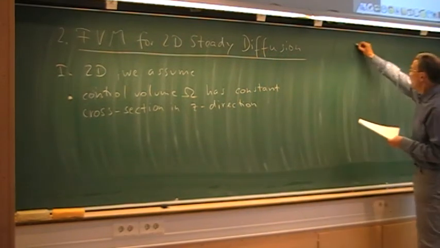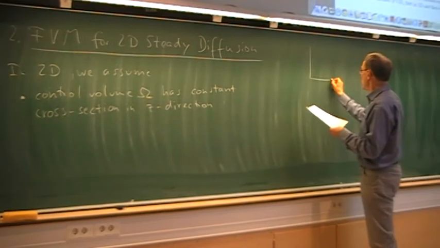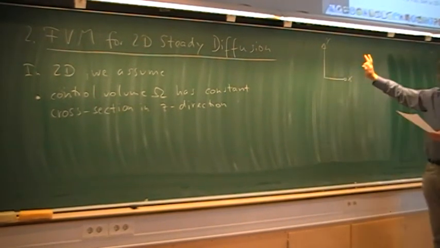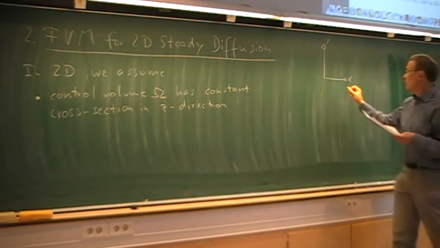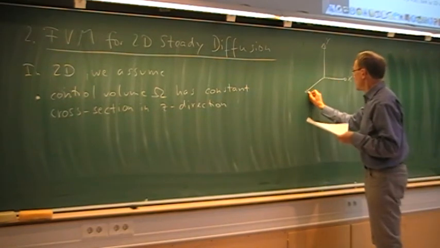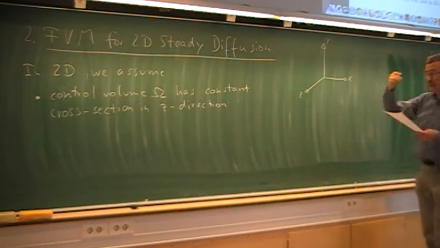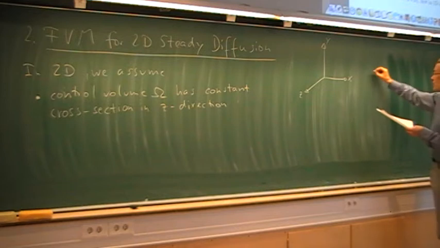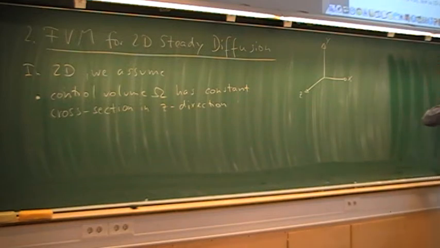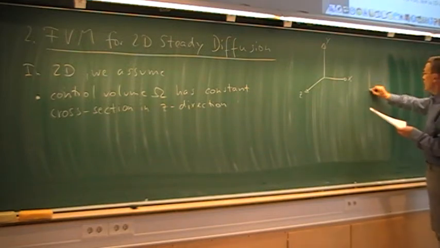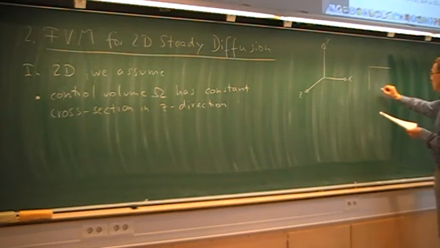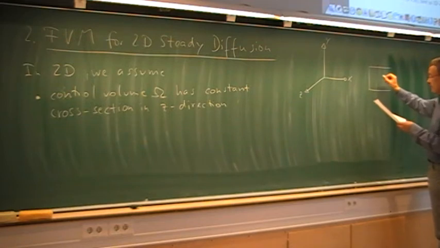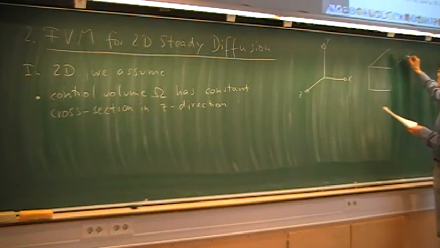We have our coordinate system now in this way, x, y, so that we have that directly in the plane of the blackboard, and then we let the z direction go out of the plane of the blackboard, and then we shall essentially entirely concentrate on rectangular cross-sections, where in the z direction this is unchanged.